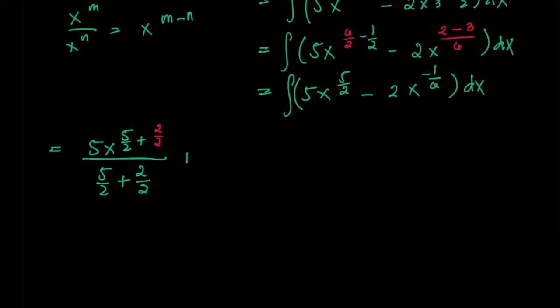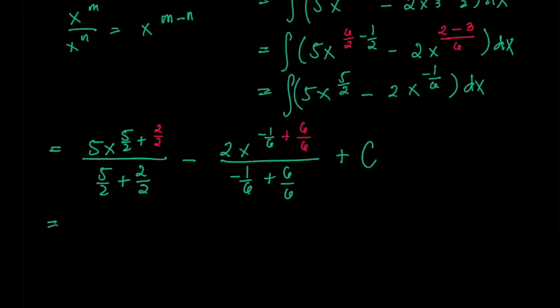Minus 2x raised to negative 1/6 plus 1, or plus 6 over 6, all over negative 1 over 6 plus 6 over 6. And plus the arbitrary constant c.